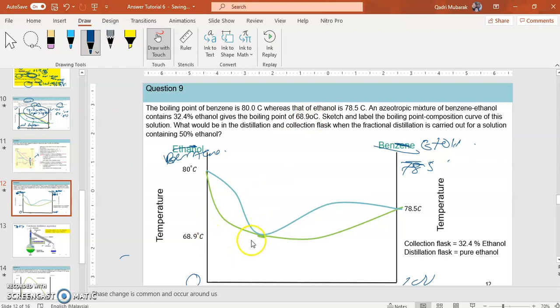So here is our azeotropic point, and from there we can sketch our diagram. It will look like this.